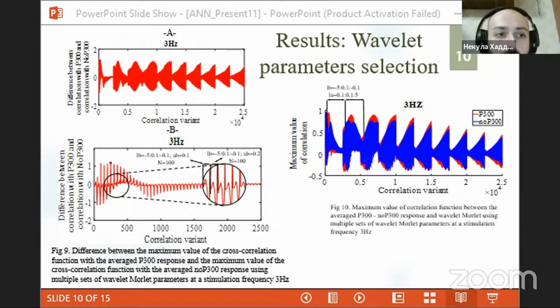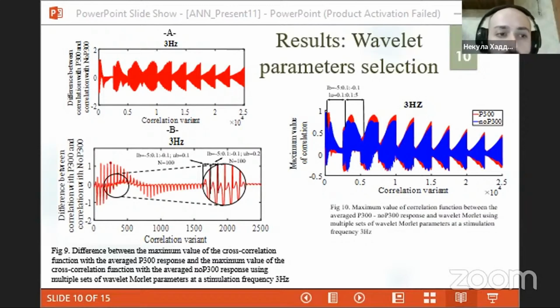On the right graph, the y-axis indicates the maximum value of the cross-correlation function between the averaged P300 or non-P300 response and the wavelet Morlet for each set of wavelet Morlet parameters, which are indicated by the x-axis. As you can see, this graph appears to be divided into 10 parts. This is caused by the changes of the parameter n, which indicates the number of wavelet points.